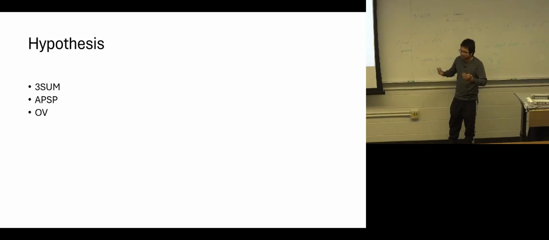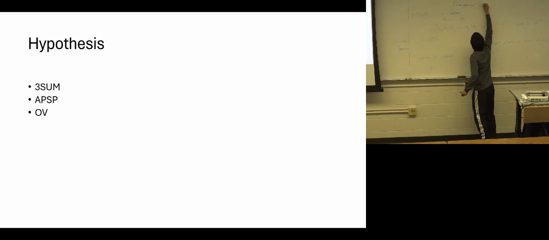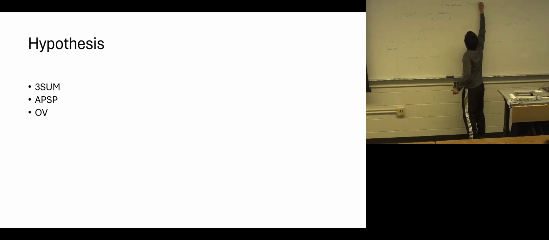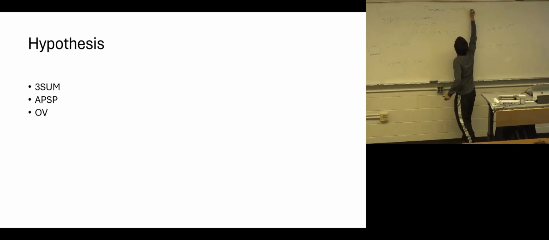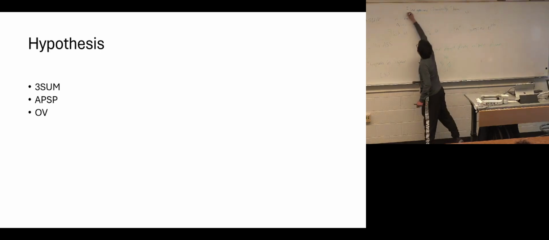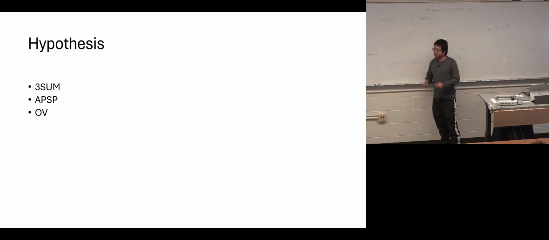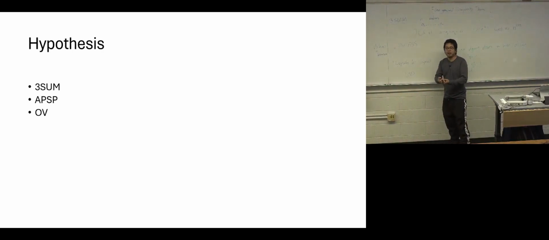Actually now there is this area called fine-grained complexity theory, which is about showing this kind of reduction: assuming 3-sum is hard, what else can you say is hard too.